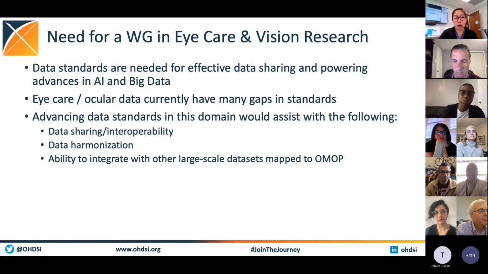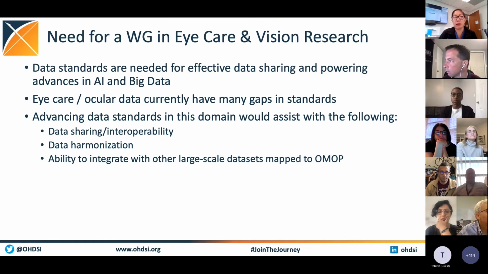One of our big goals is to be able to facilitate data harmonization, right? The OMOP common data model underlies the All of Us research program, the MIMIC database, and a lot of these large-scale data sets. And in ophthalmology, we've also developed large data sets.